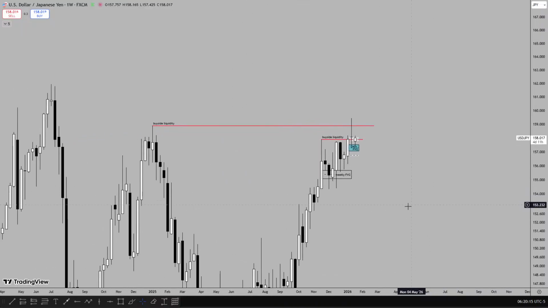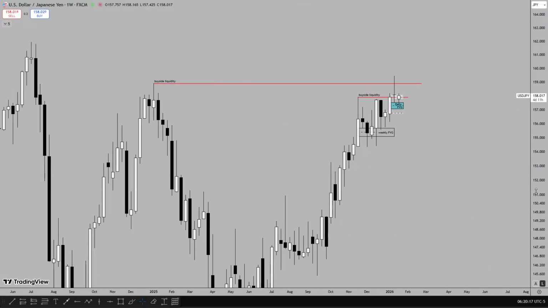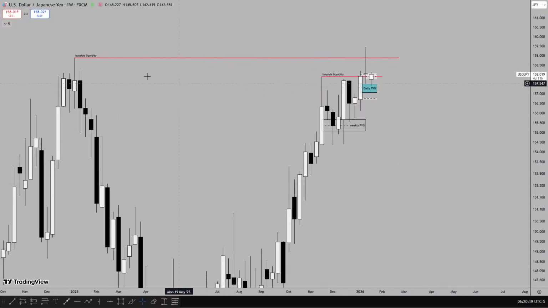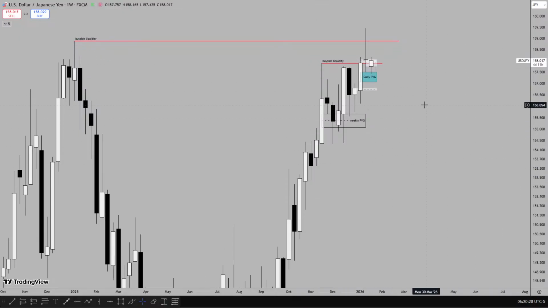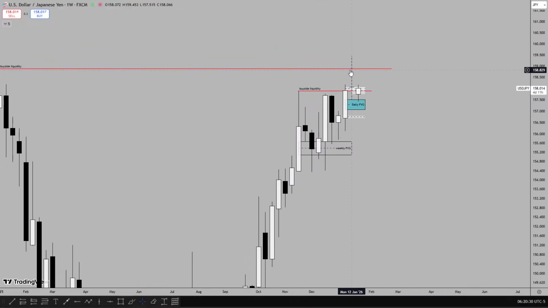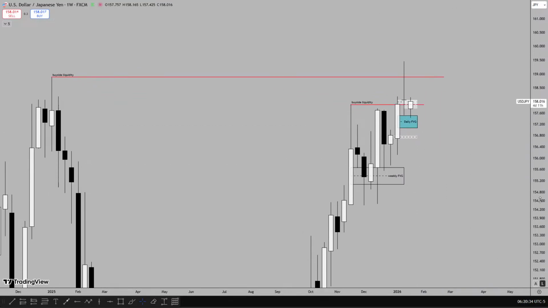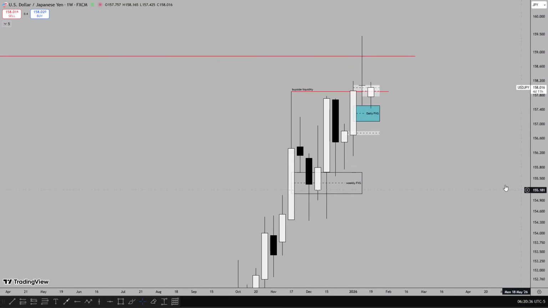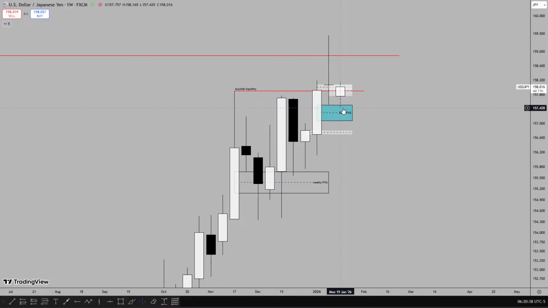On the weekly time frame on USD/JPY, I talked about the buy side liquidity in previous weeks' lectures. I talked about price running out the buy side liquidity, which currently, after price took out the buy side liquidity, price did a retracement to a daily fair value gap, and currently price is supporting from the daily fair value gap.